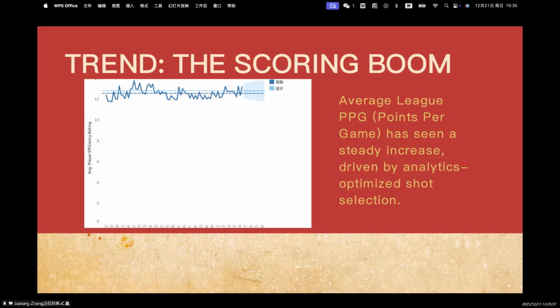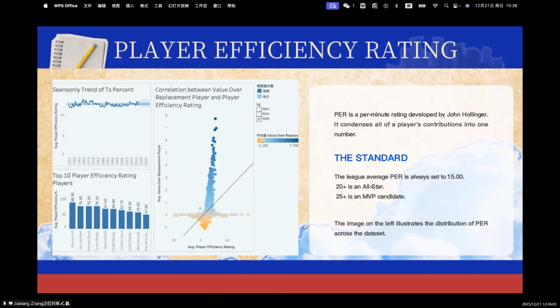We now move to player-level analysis, beginning with player efficiency rating, or PER. PER is a per-minute metric developed by John Hollinger which summarizes players' positive and negative contributions into a single value. The league average PER is standardized to 15 as a benchmark.